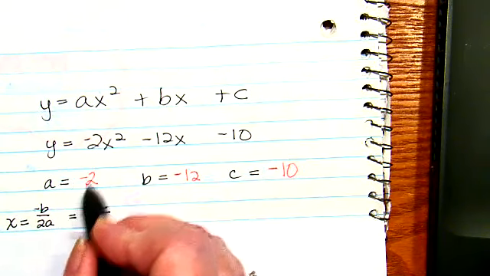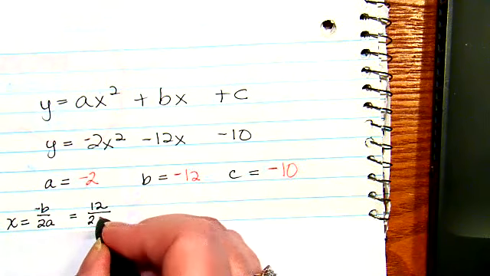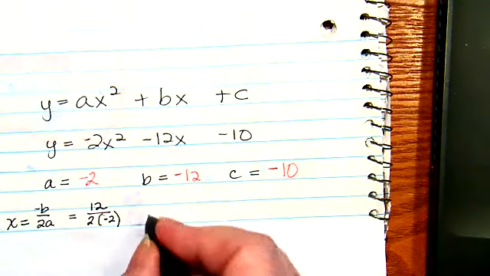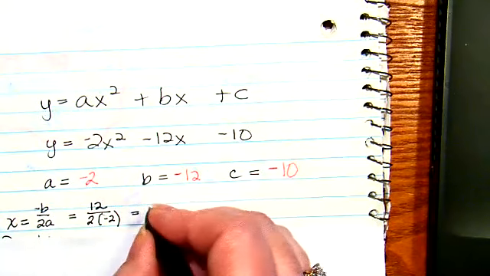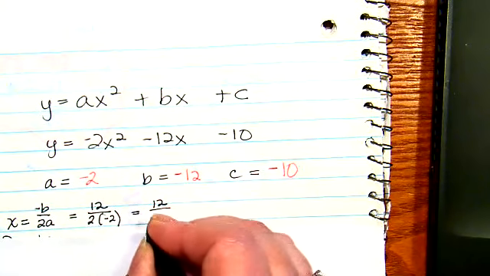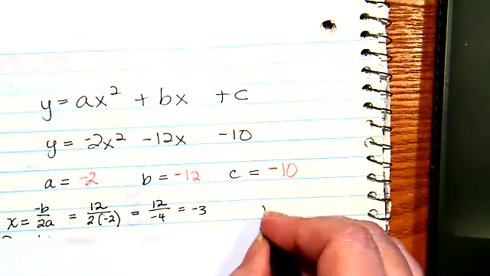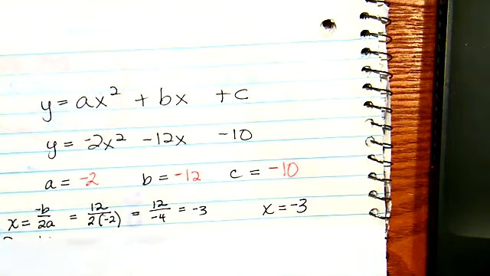Now 2a, so I'm going to go 2 times whatever a is. a is negative 2. So when you put that in, I need to put parentheses. So this is 12 over negative 4, or negative 3. So the axis of symmetry for this one is x equals negative 3.